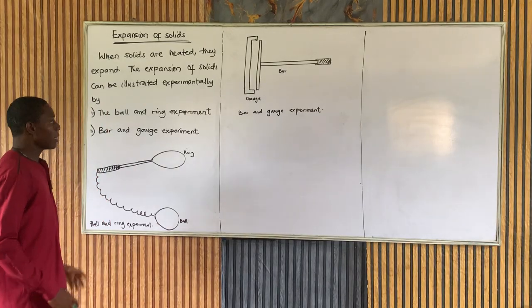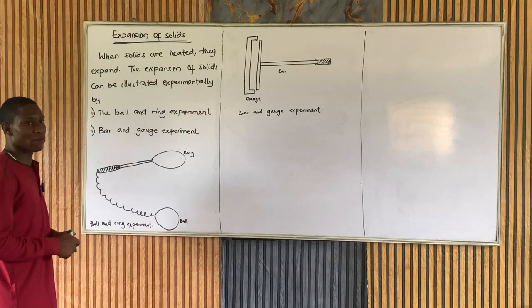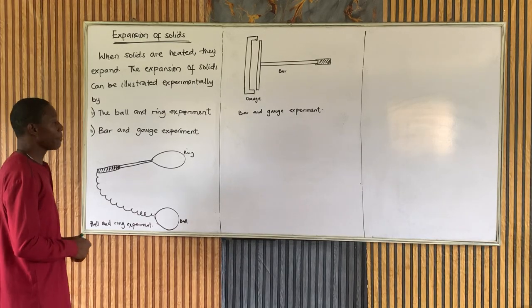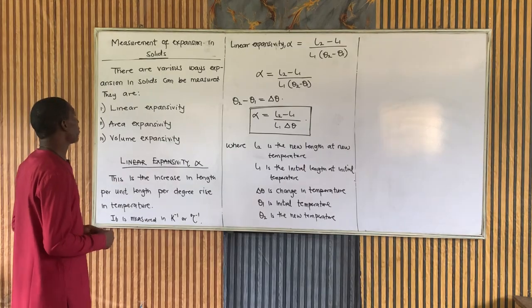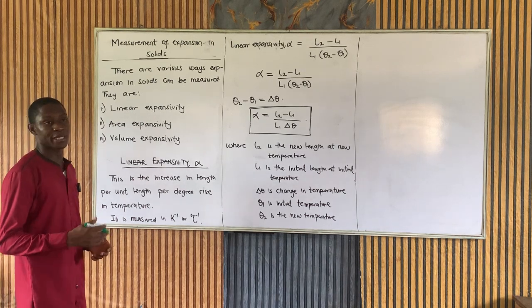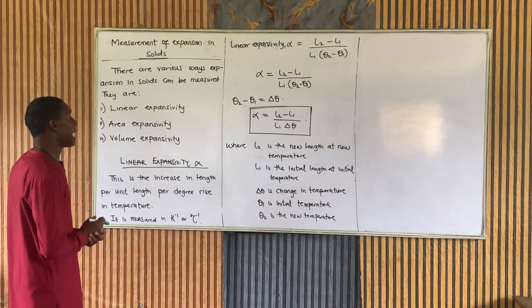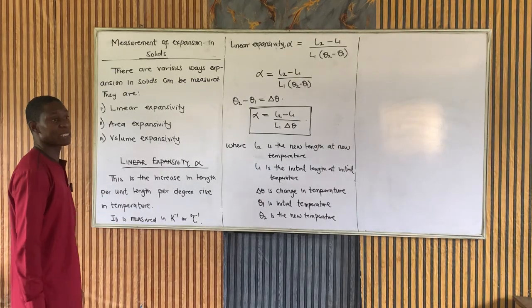So let's consider the various ways in which expansion of solids can be measured. There are various ways in which the expansion in solids can be measured, and they are: 1, linear expansivity.